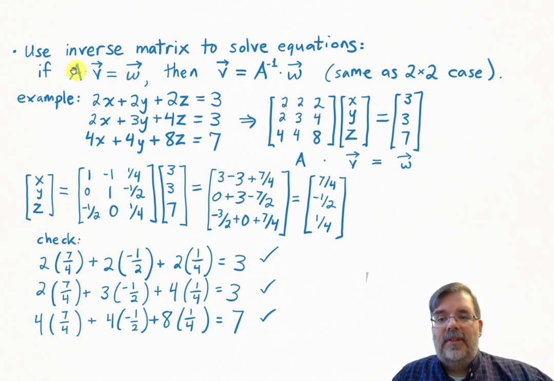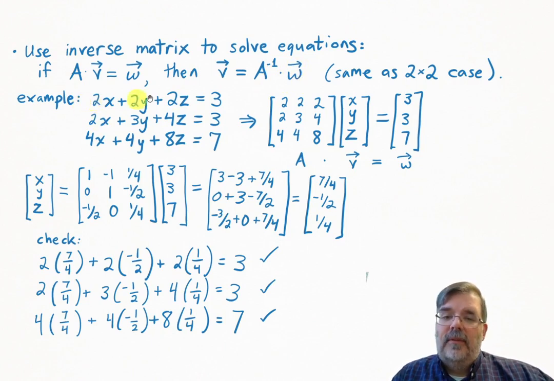That will cancel out the A on the left. And then you'll be left with V, your vector of variables, equals the inverse matrix, A inverse, times W, which is a vector of constants.